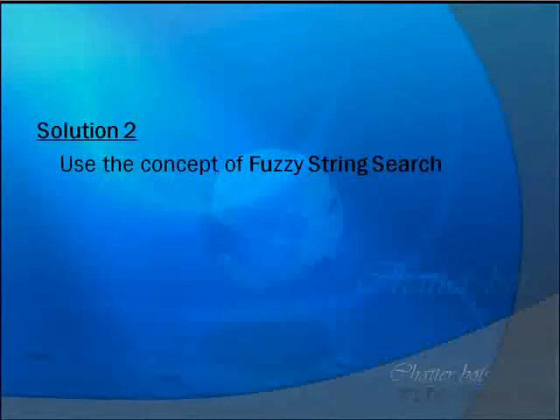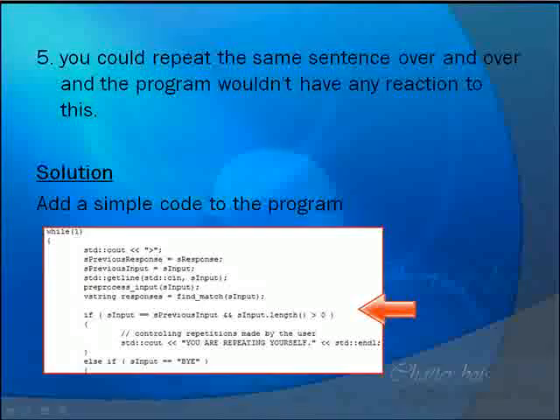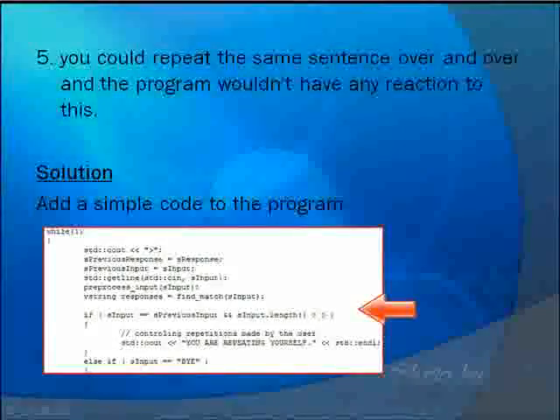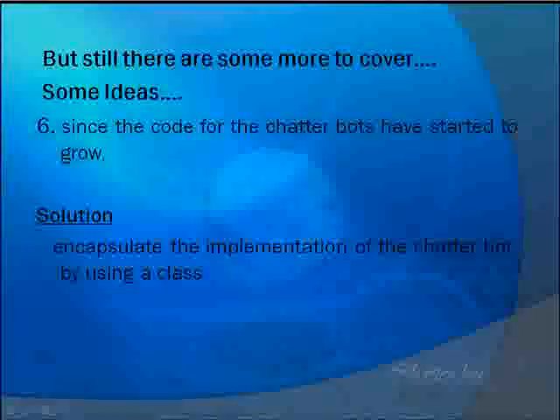And the other one is we can use a string variable to store the previous response of the chatbot and make some checking when selecting the next bot response to see if it is not equal to the previous response. If it is the case, then we can select a new response from the available responses. In the previous example, it used a variable called sPrevResponse to store the previous response.